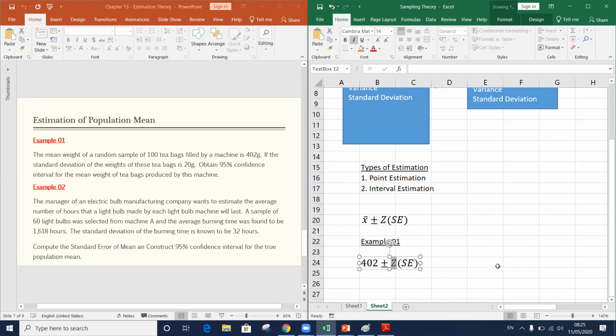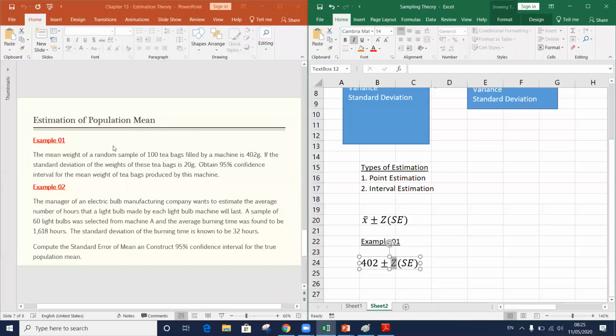Z value එක හොයාගන්නේ කොහොමද? How can we find the Z value? This Z value we can find based on the confidence interval. Obtain 95% confidence interval කිව්වොත් we should know the relevant Z value. What is the Z value here? 95% confidence interval එකට අදාළ Z value එක කීයද?